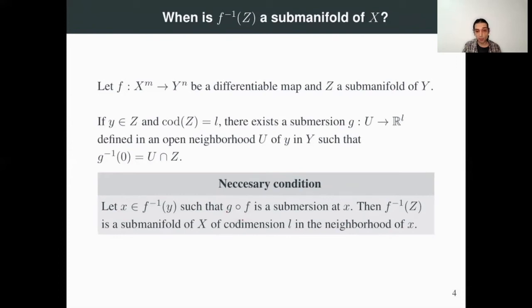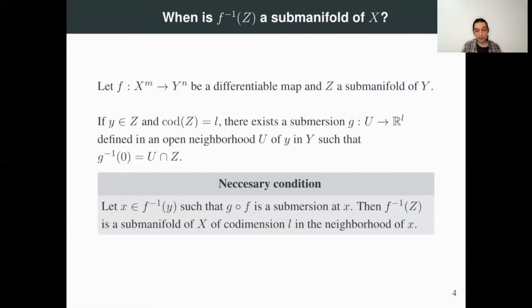Then you use the properties of submersions and they tell you that the preimage of C is going to be a submanifold of X of codimension L because this is a map from X to R^L. So that's what we need.